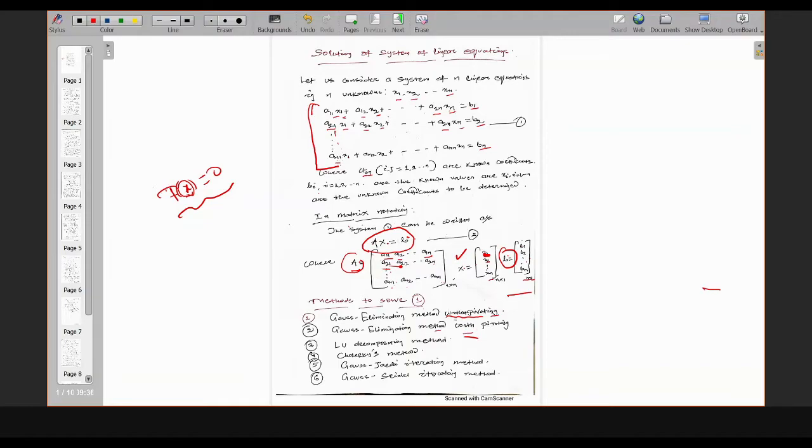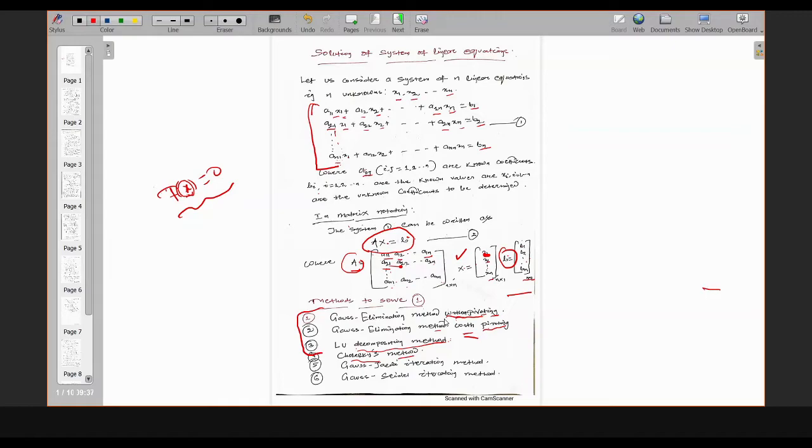I will discuss what without pivoting and with pivoting mean when I come to the detailed explanation of the method, and why pivoting is required in one case and not in the other. Then we will have one more technique, the LU decomposition method, and then the Cholesky method. So these are the four techniques.